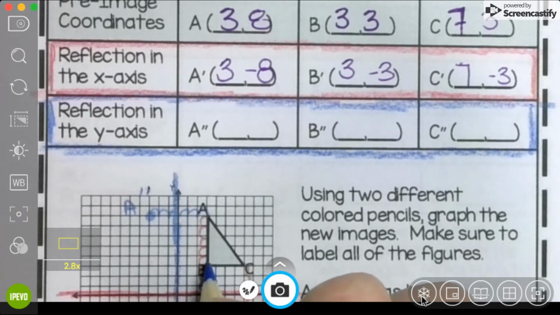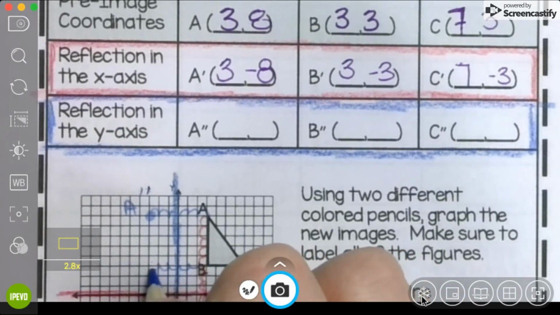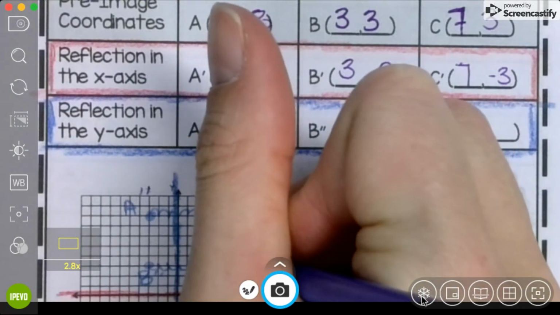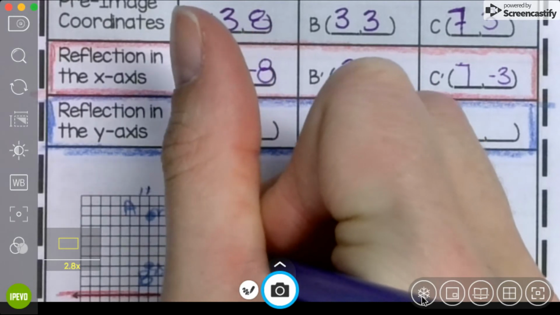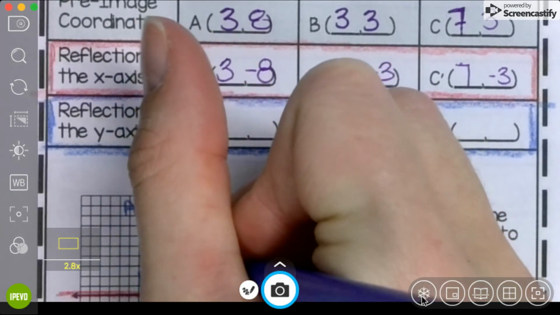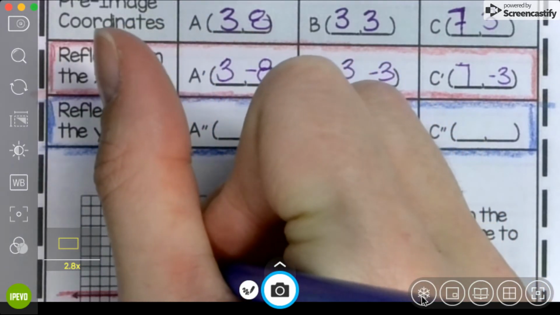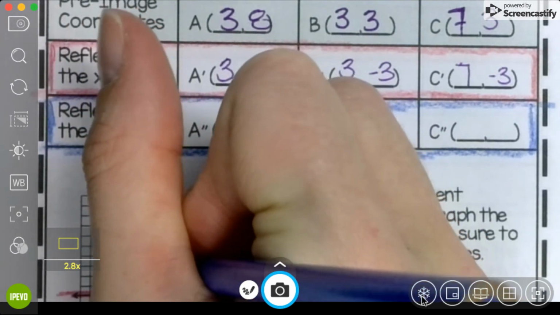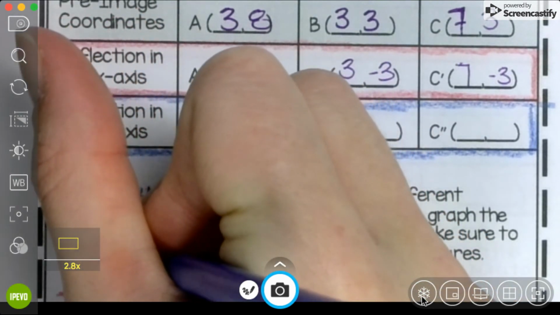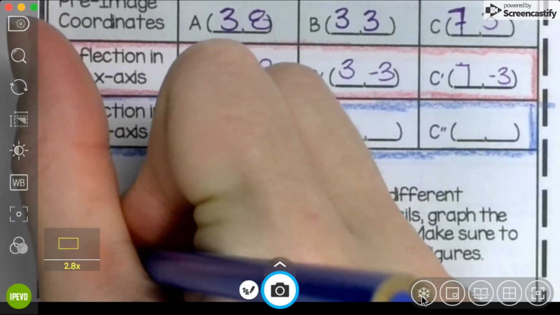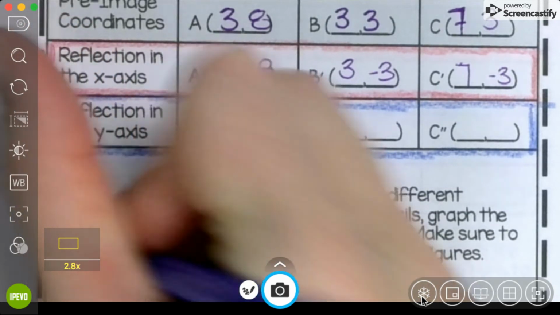B is 1, 2, 3 away, so I'm going to go 1, 2, 3. And C is 1, 2, 3, 4, 5, 6, 7 away, so I'm going to go 1, 2, 3, 4, 5, 6, 7 away.